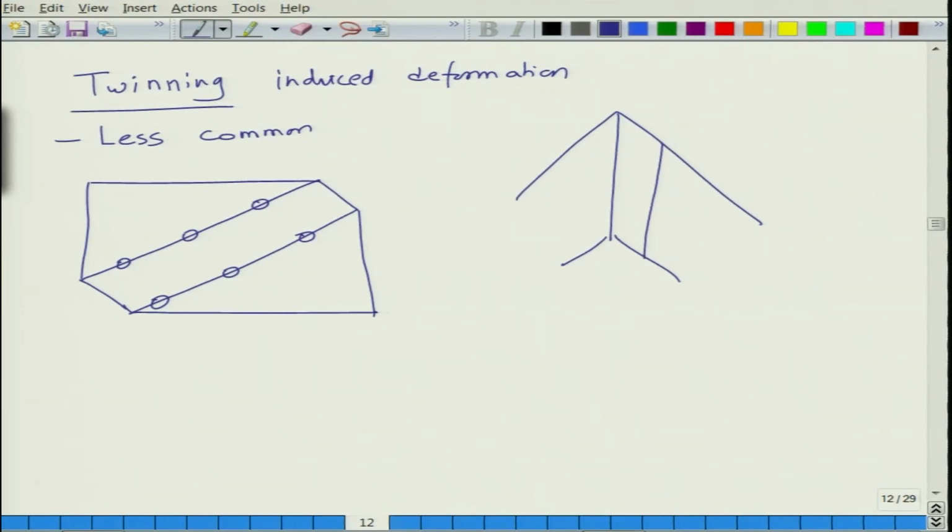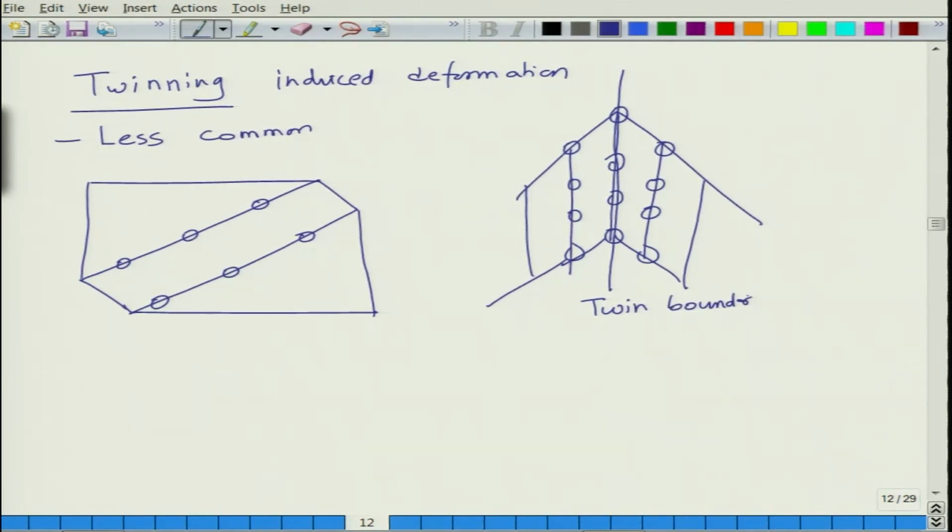If you draw the atoms in this fashion, this is the twin boundary, because the orientation of the crystals or grains is similar across this boundary. So basically first you form a twin and then deform.